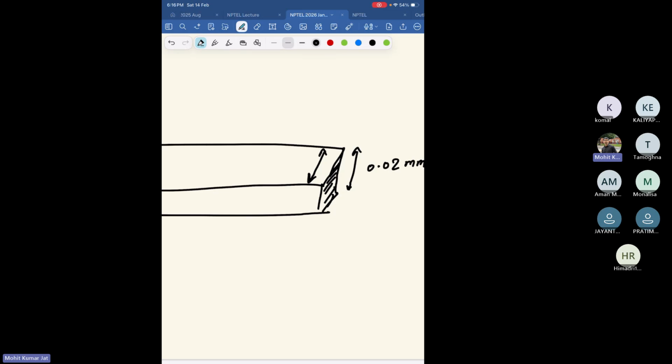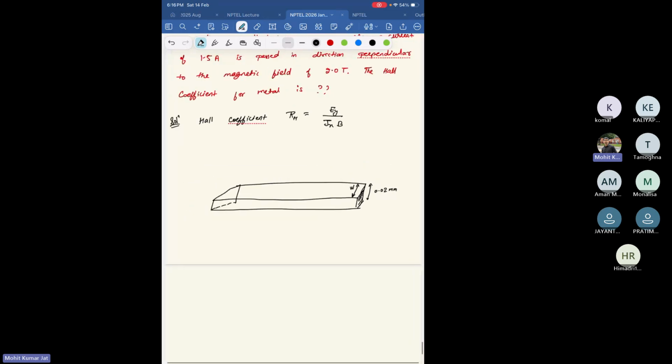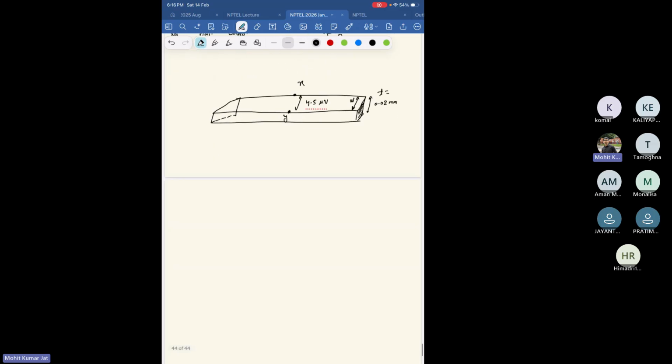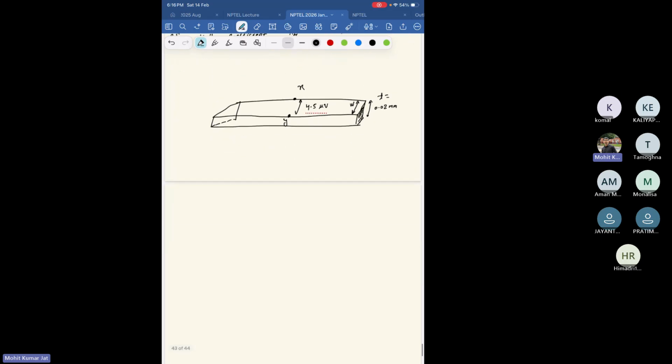Let's say it's W, and the transverse voltage developed between X and Y is 4.5 microvolt. This is all you have.